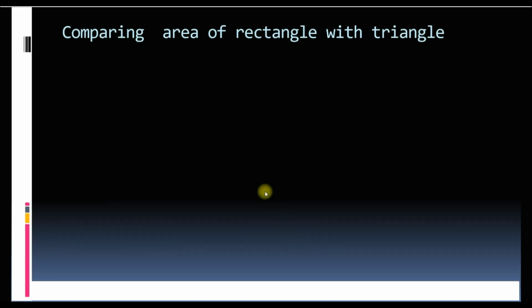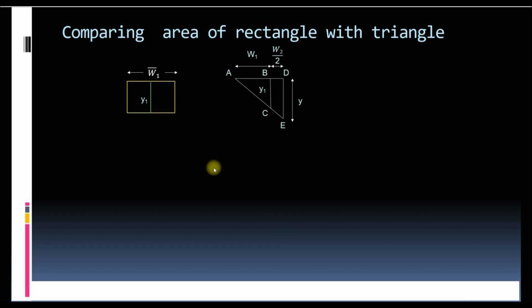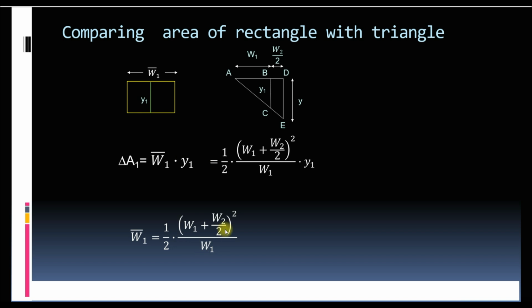If we now compare the area of this rectangle with the area of the triangle, we get W1 bar, which is the effective width, as square of (W1 plus W2 by 2) by 2W1. Remember, this is done to make a protocol for calculation only.